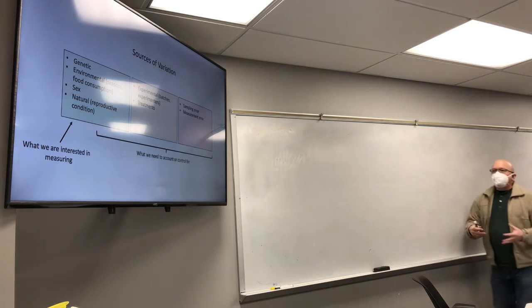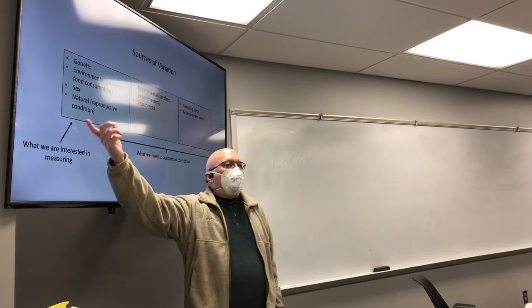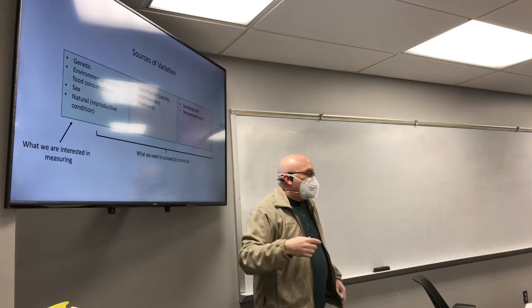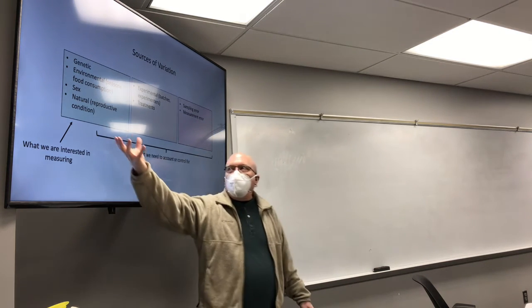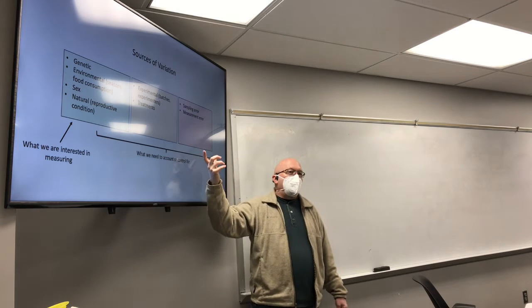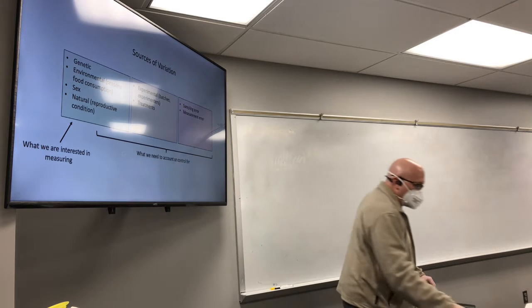Those are all systematic sources of variation that might be obscured by things like sampling error and measurement error. So we want to know about some forms of variation, and we want to control other kinds of variation, have some way of accounting for those things.